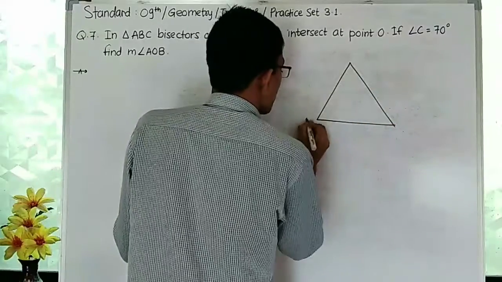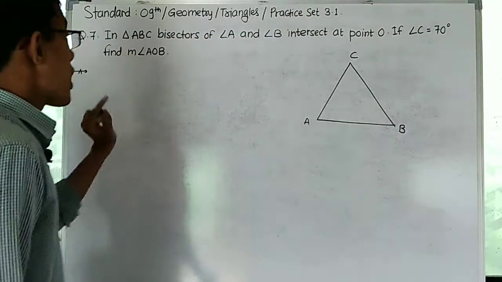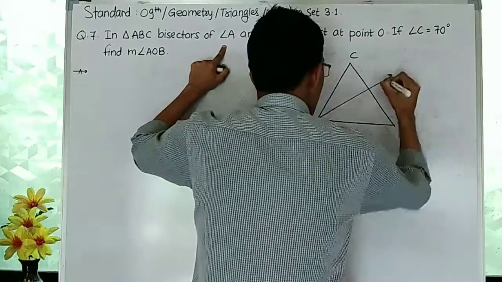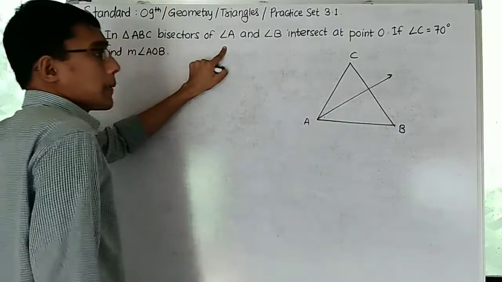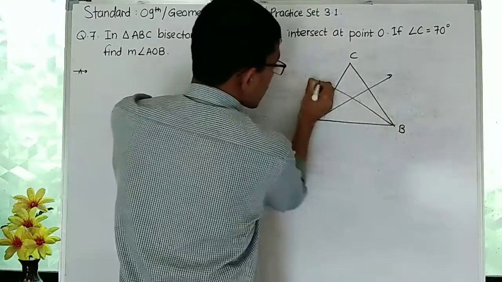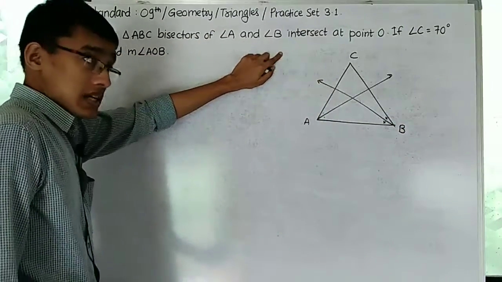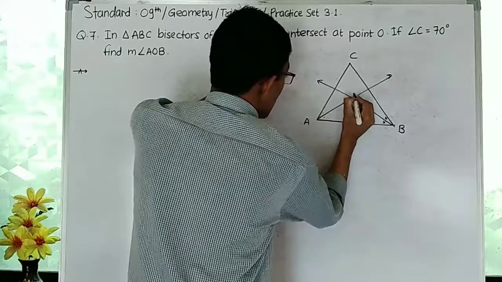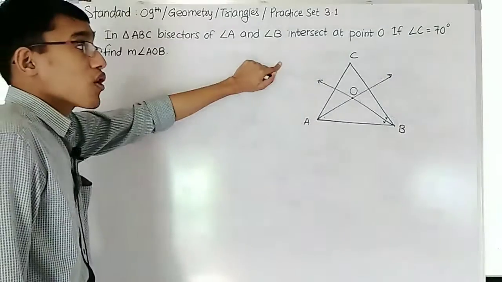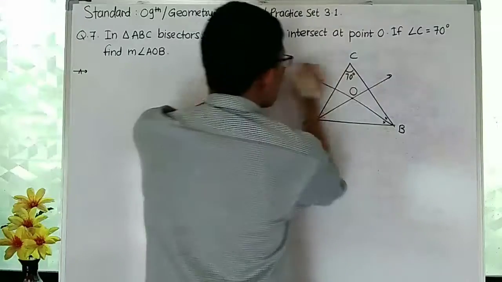Now the bisector of angle A, and the bisector of angle B, are intersecting each other at point O. The measure of angle C is given, that is 70 degrees.